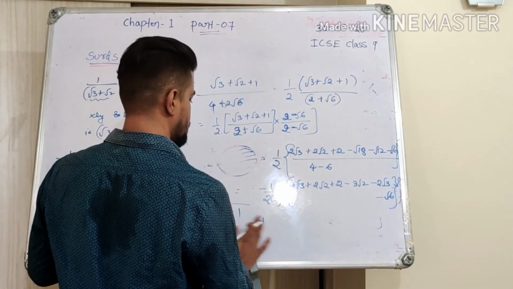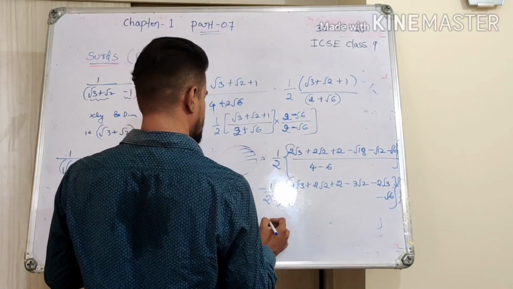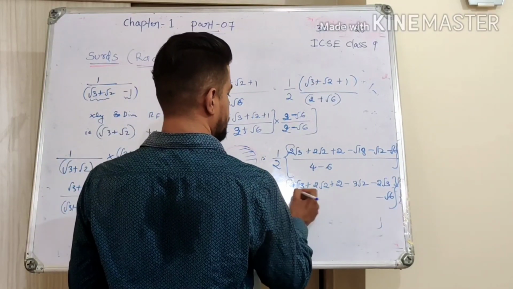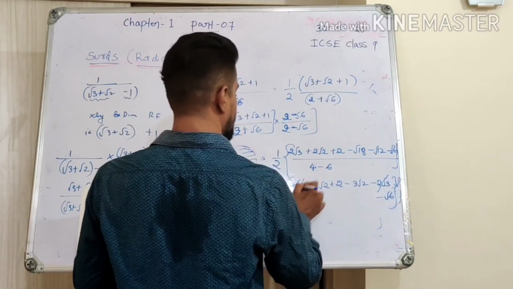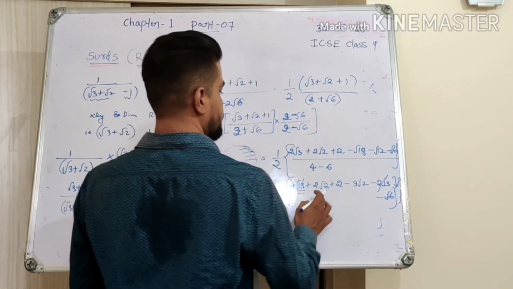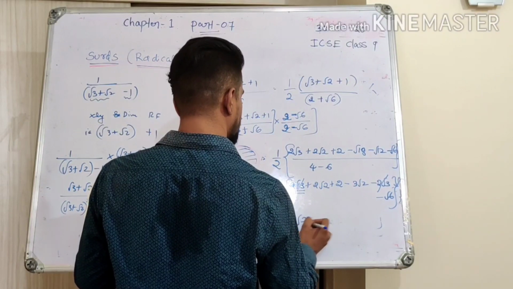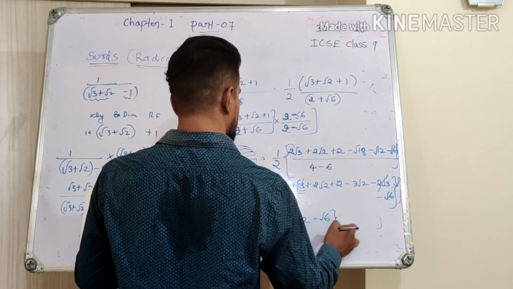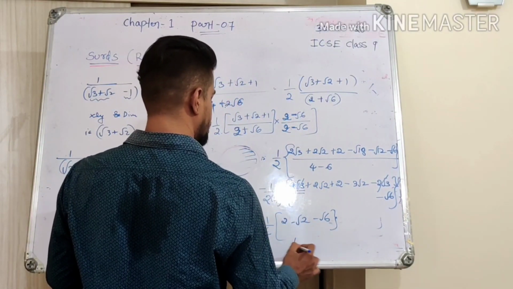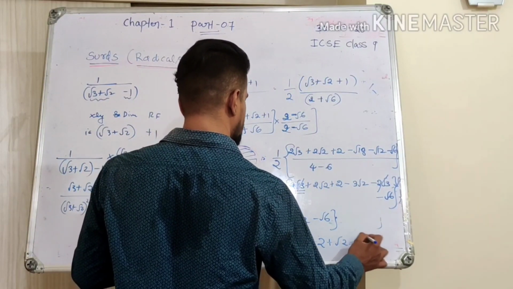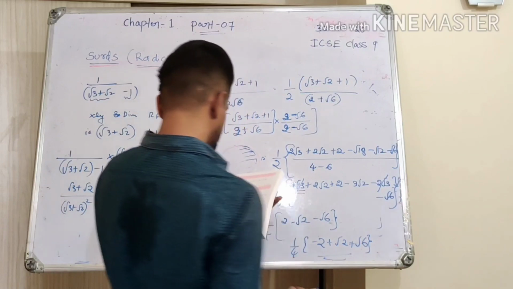So what we end up with here is, I'll take the minus side inside. Before that, let me simplify. 2 root 3 minus 2 root 3 will cancel, yes, and then we end up with 2 minus root 2 minus root 6. When you multiply by minus, we get 1 by 4 minus 2 plus root 2 plus root 6. This is a simplified answer.